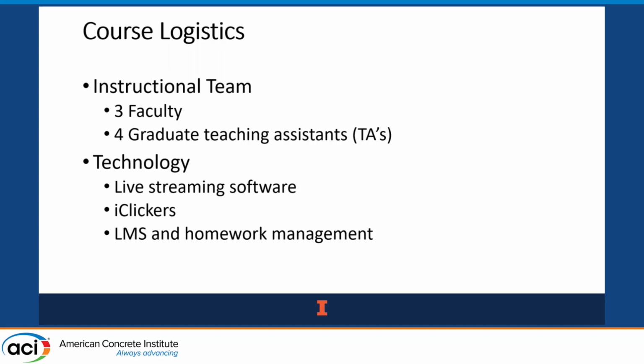And as far as technology is, we wanted to always keep things a little bit simple on the technology front. Once you start to introduce many systems to the students, it just gets to be overwhelming.